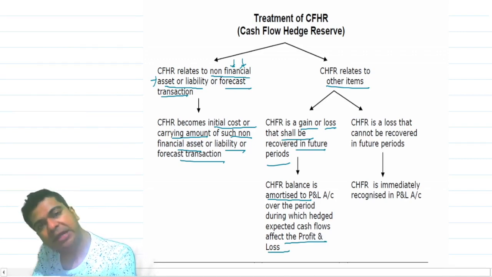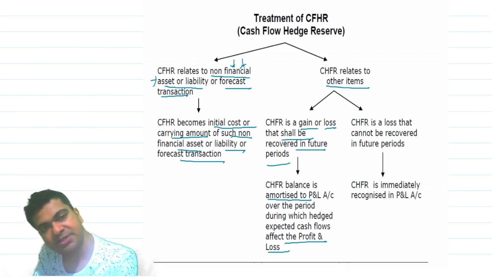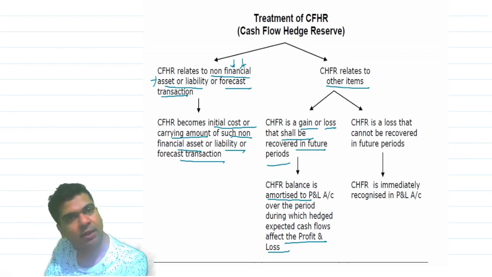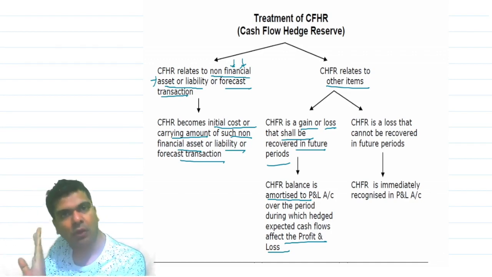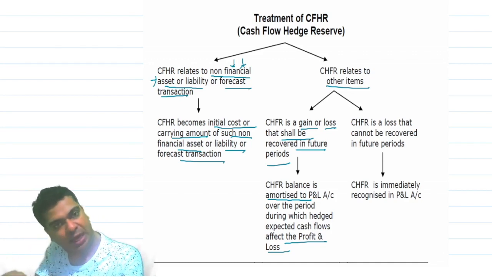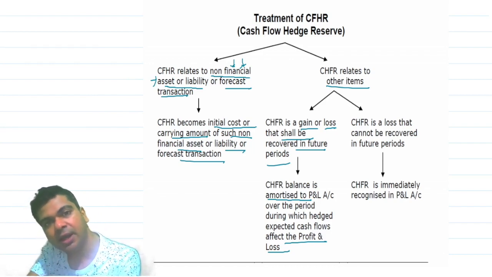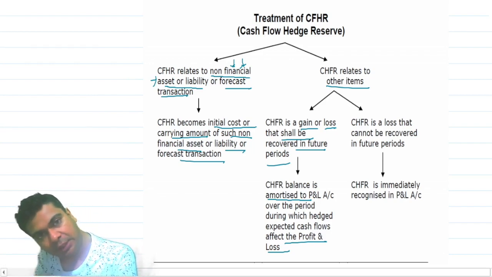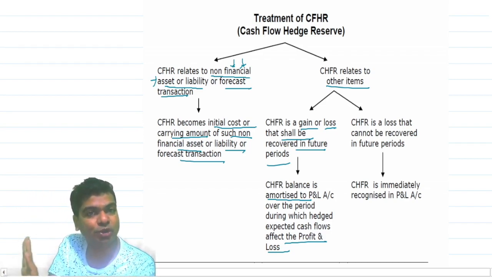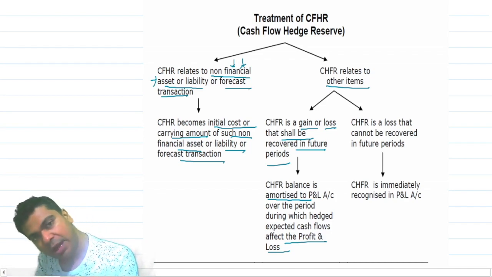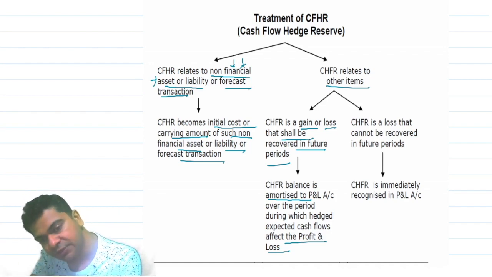So if the cash flow hedge reserve is a gain, and we are of the view that because of this cash flow hedge that we have designated, for the next 3 years our cash flows are hedged, then this gain will be recognized in the P&L over a period of 3 years. Or it is a loss, but I can recover this loss in the future periods. Then the loss will also be amortized over a period of 3 years.